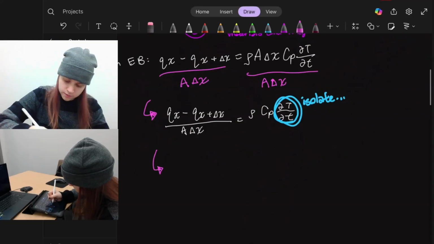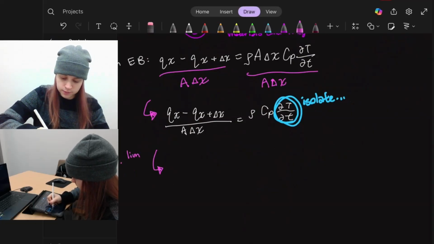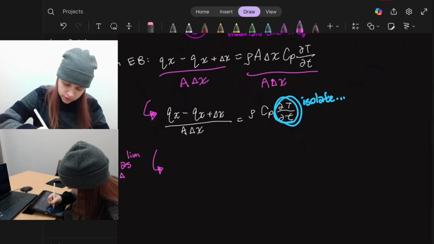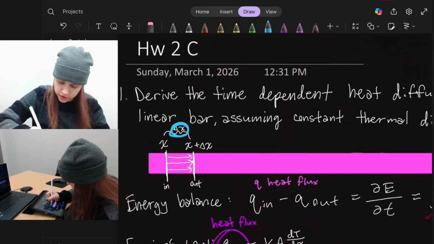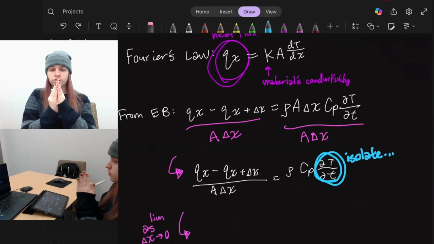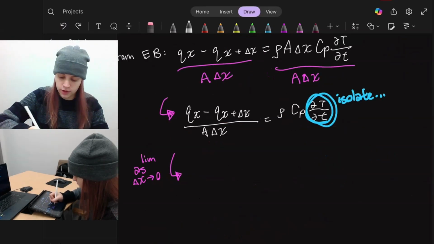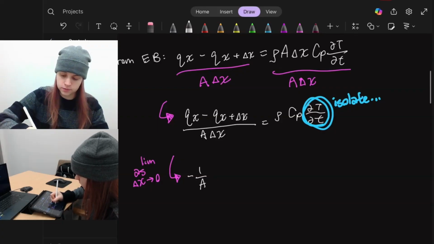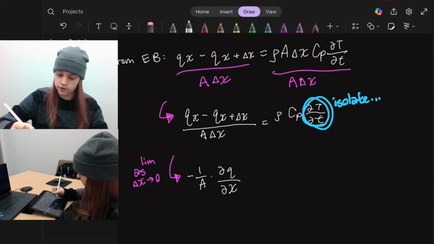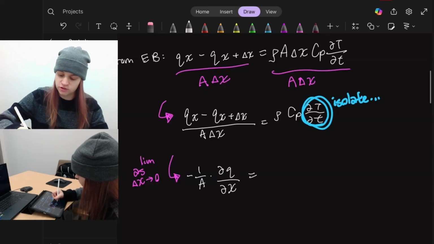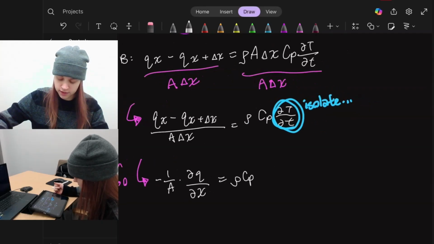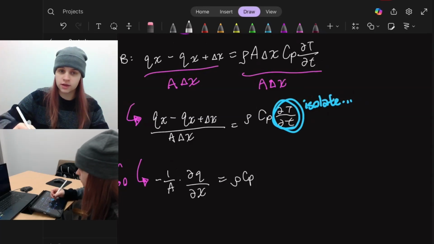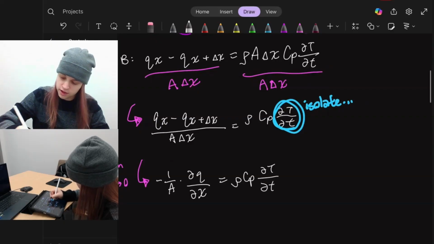And then if we take the limit as delta x approaches 0, so we're basically saying as this delta x is closer and closer to being 0, we'll have a negative 1 over A multiplied by the change in heat flux over the change in x, so the change in position, times the density times the heat capacity again, times this side stays the same.